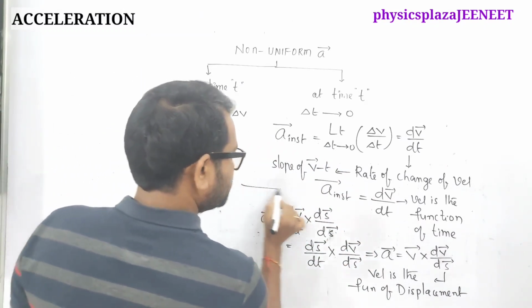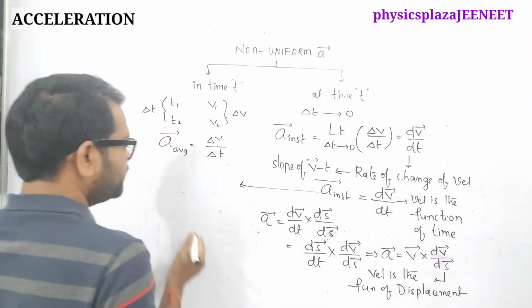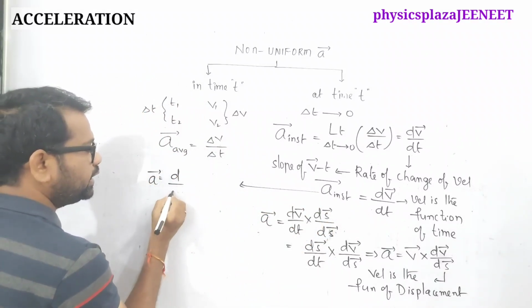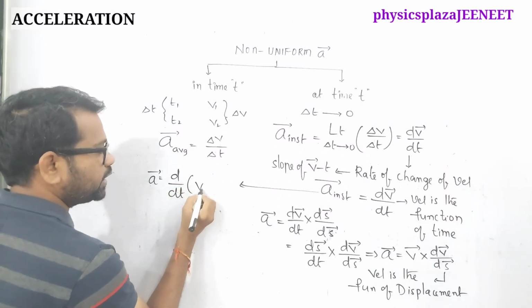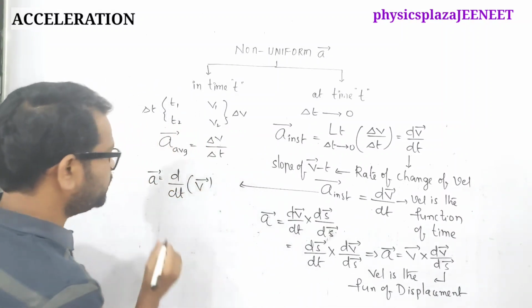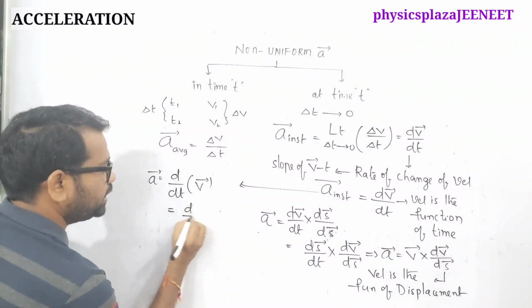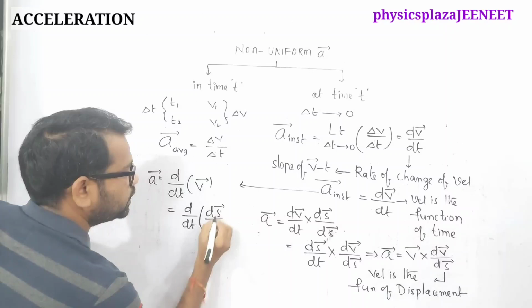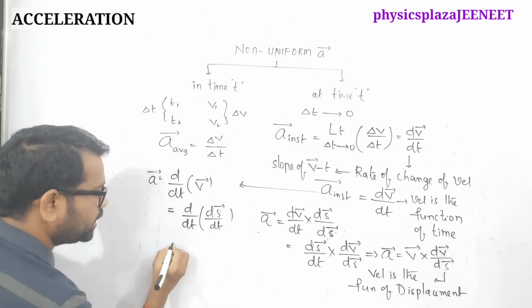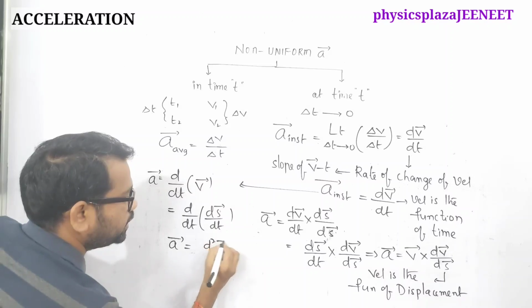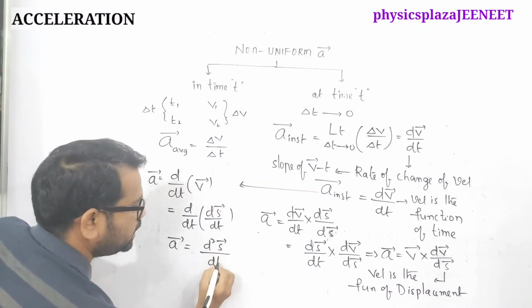And children, look here, what more can we write? Acceleration is equal to d by dt of velocity, right? But velocity is ds by dt. Substitute here. So this is d by dt of ds by dt. So acceleration is equal to d square s by dt square.